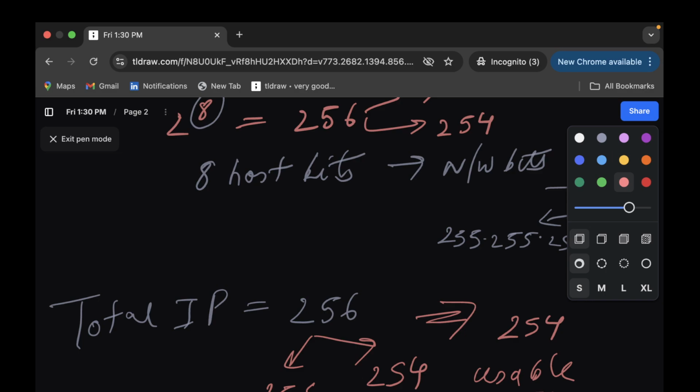Now what is going to happen here is this is basically using subnetting, right? What if I don't do subnetting?